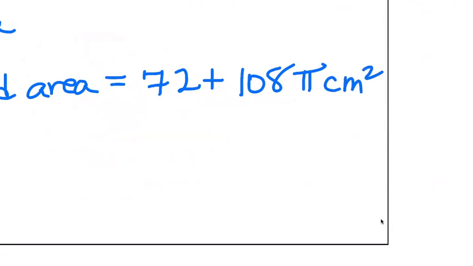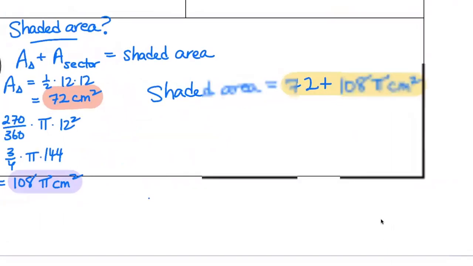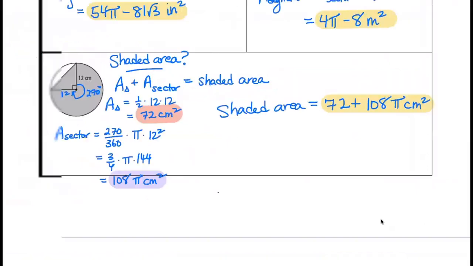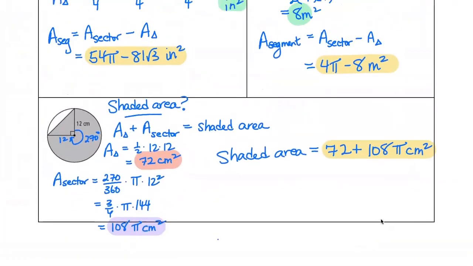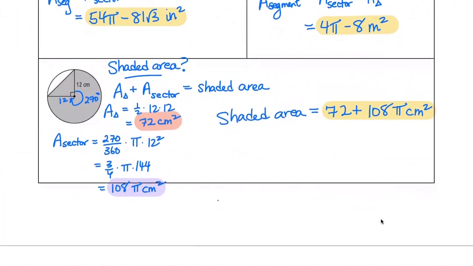Now, again, you cannot add those together because those are not like terms. So if it was 72 pi, that could add with 108 pi. But you cannot add a pi with a non-pi value. So the pi and an integer are not like terms, and so that'd be your final answer. That's the end of this lesson.